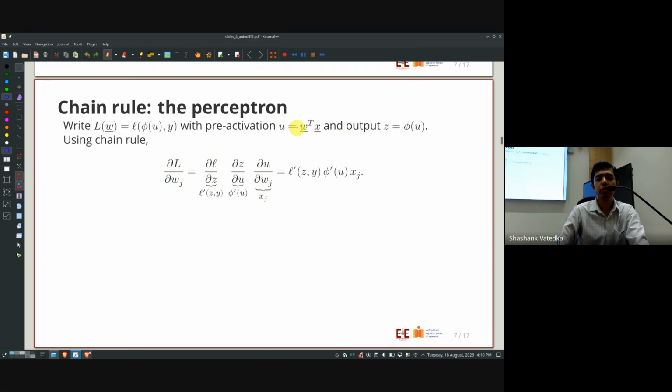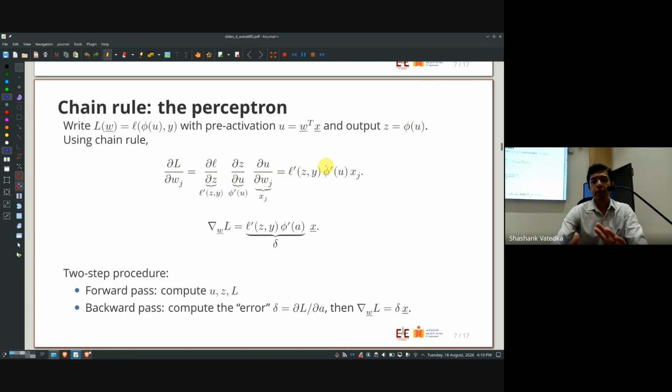Just to recall, U is W transpose X and Z is phi of U. Because we've represented L as a composition of simple functions, each of these partial derivatives can be evaluated easily, and in closed form. The loss function is something that is known beforehand, so you can write a subroutine to compute the derivative of the loss function, and so it is with the activation function.